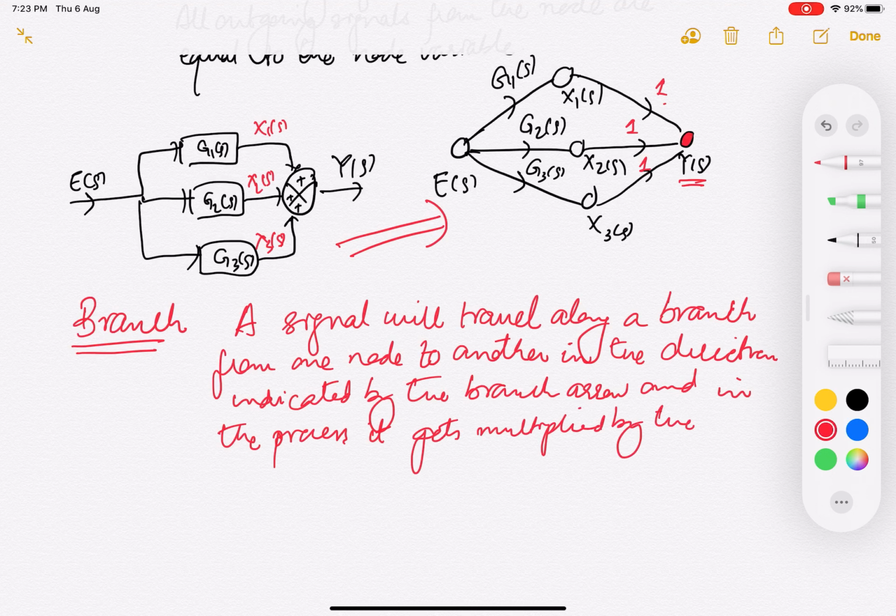This is not very difficult to understand.